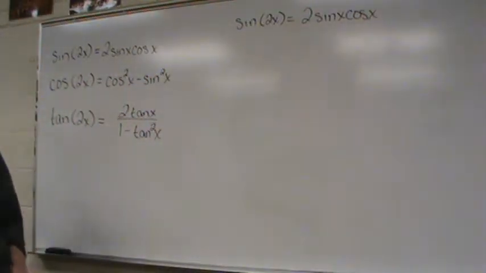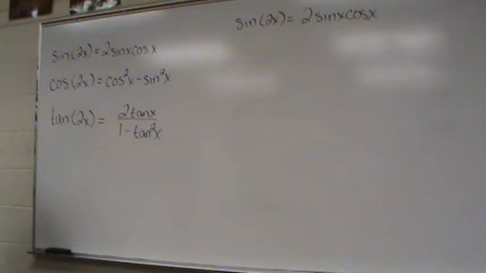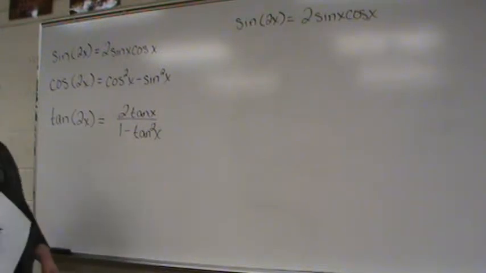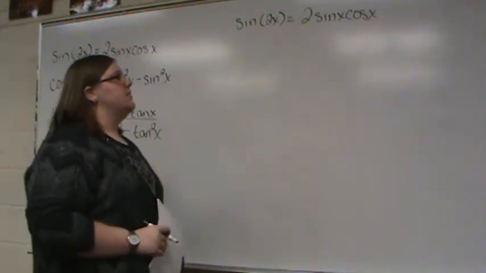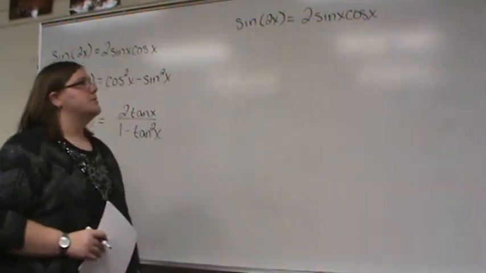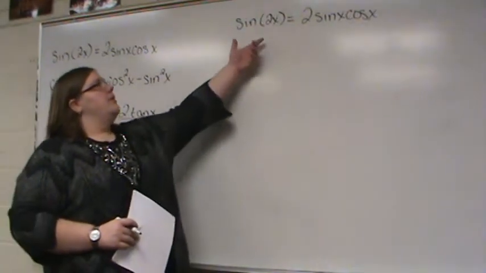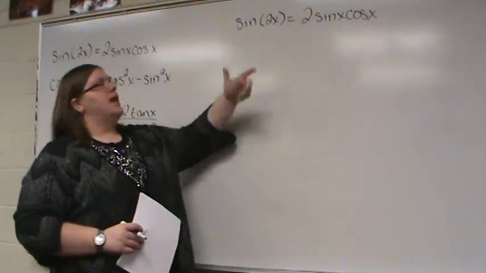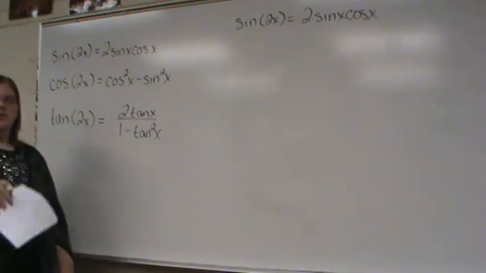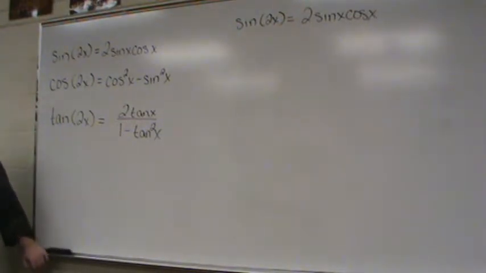When we were proving identities before, we had to use other identities that we already had proven, right? So if we're looking at sine of 2x equals 2 sine x cosine x, is there a way that we can rewrite this sine of 2x so that we could use one of our previous identities?